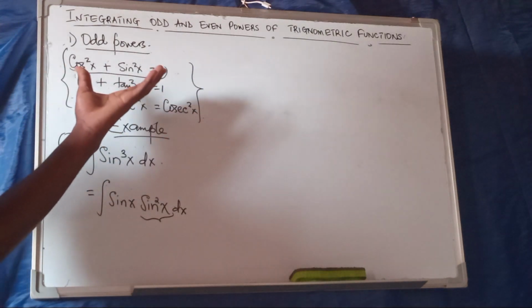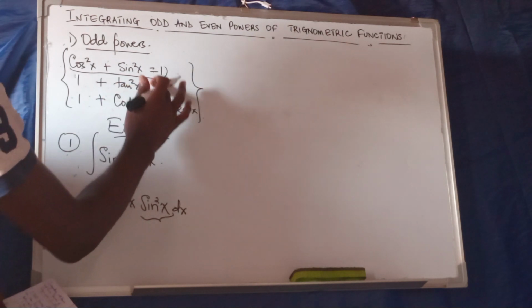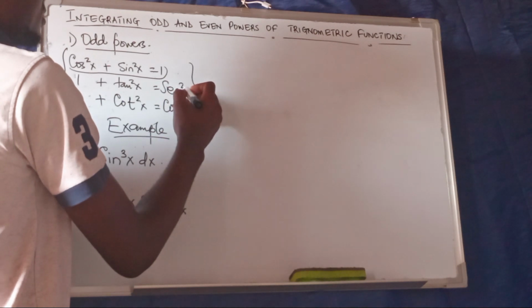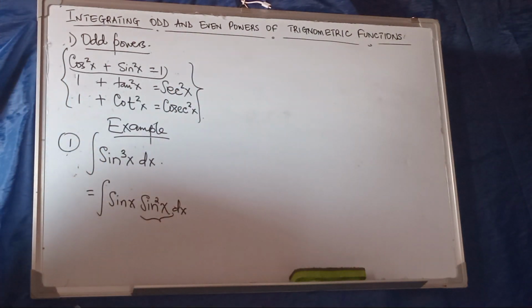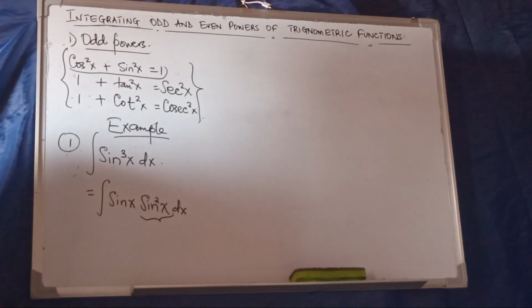We just look back here. We shall not use this because here, sorry, this is sec squared x. I'm sorry for that. I didn't see it, but I hope you knew it.